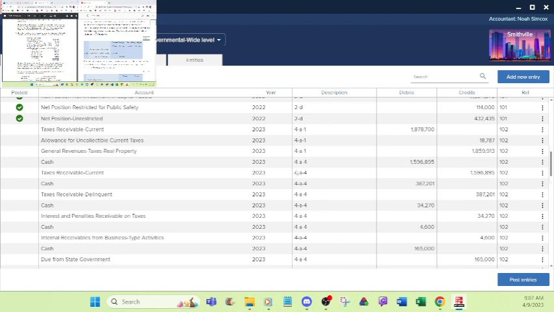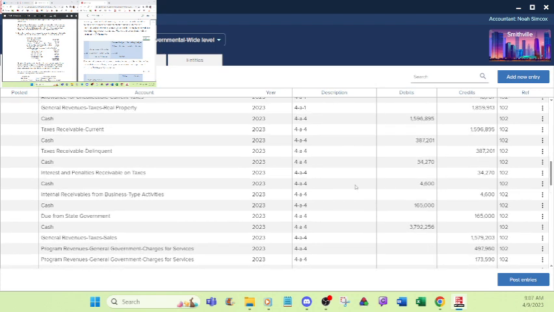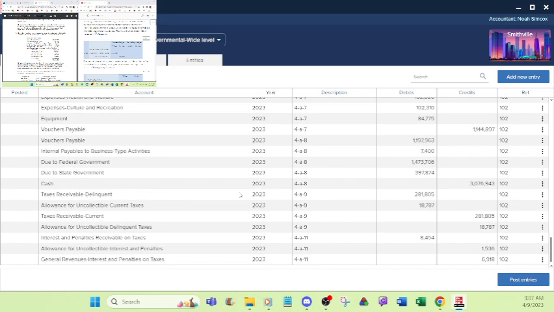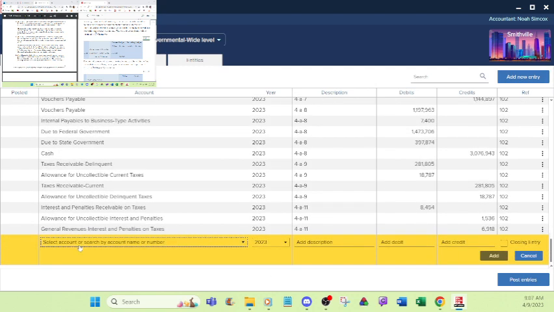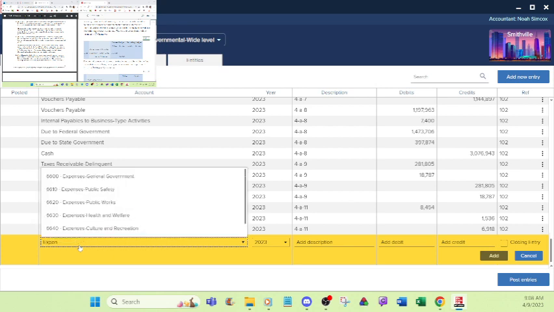Number 4, 4,600. Look, cash received. Internal receivables from business type activities. That's the opposite of what I'm doing here, but it's expenses, general government.